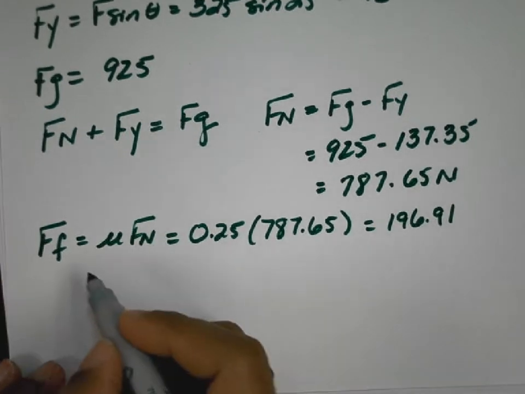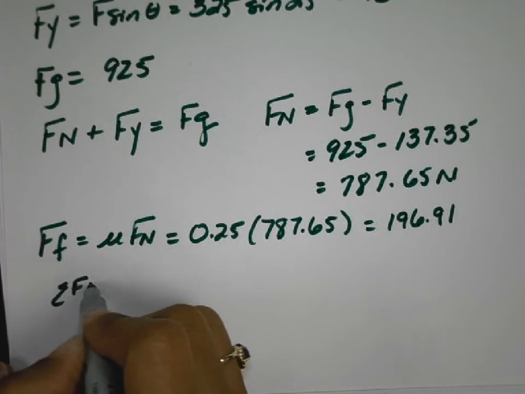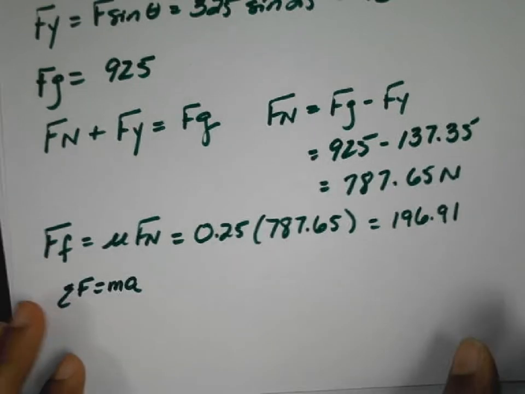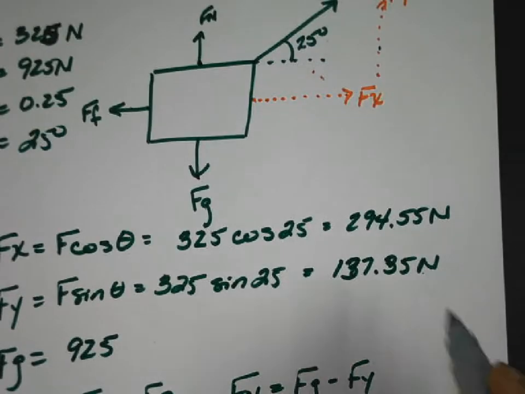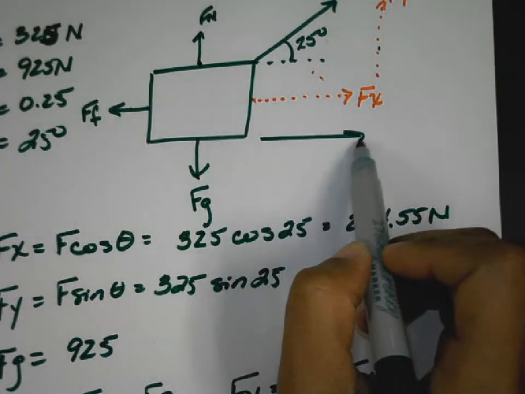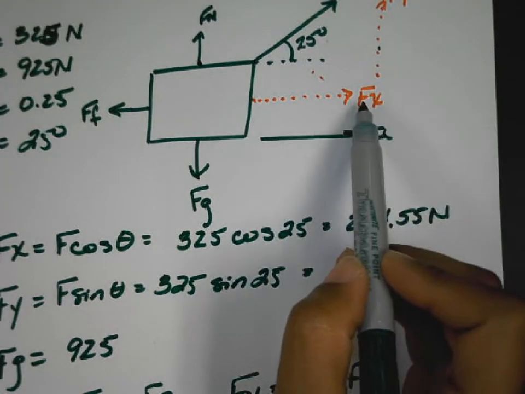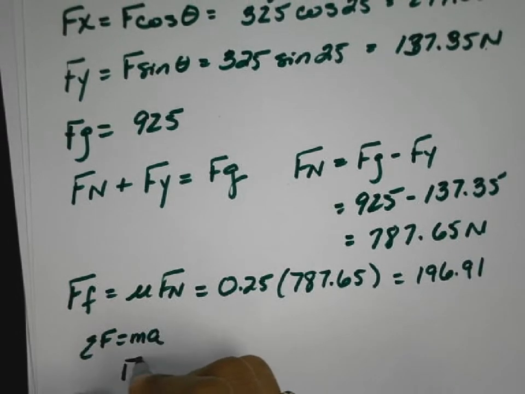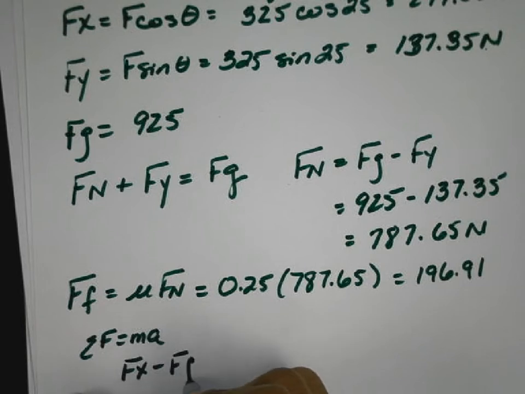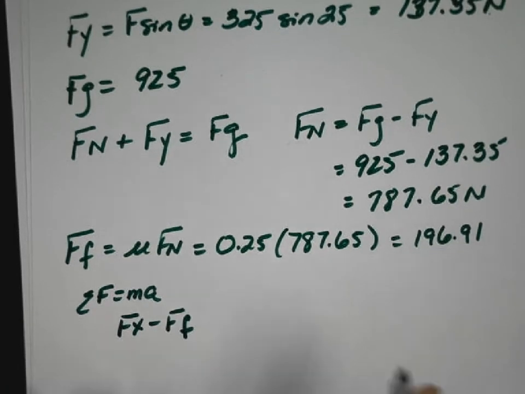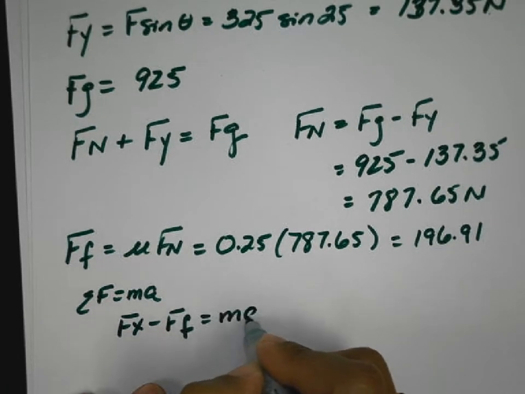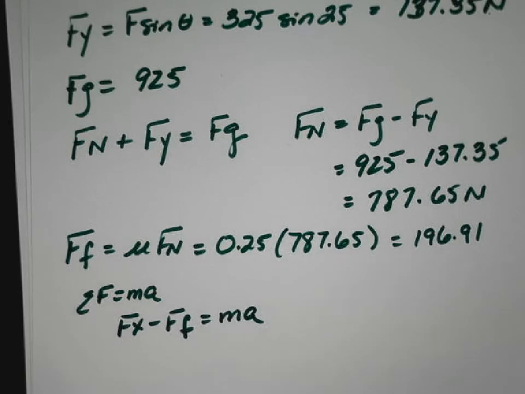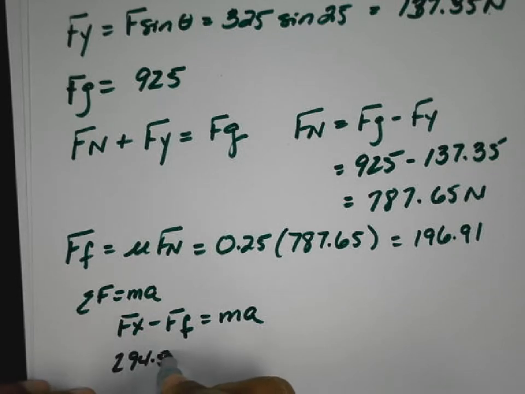Well, now we're ready. Sum of the forces equals MA. Remember, the box is going this direction, so I need that force and that force. So force on the X minus force of friction equals MA. Force on the X, if you look above, is 294.55.